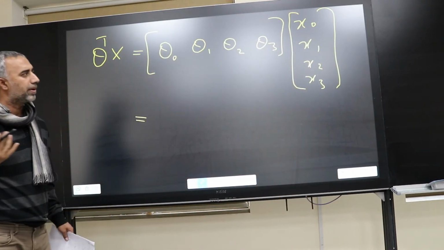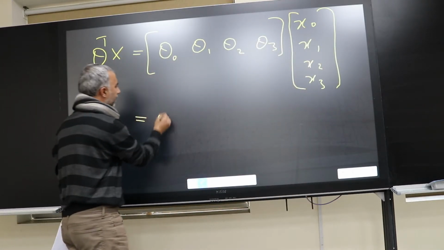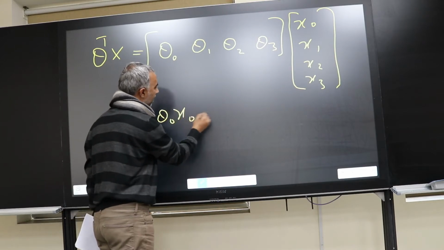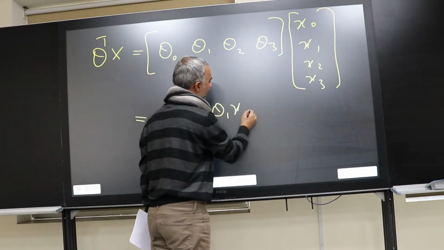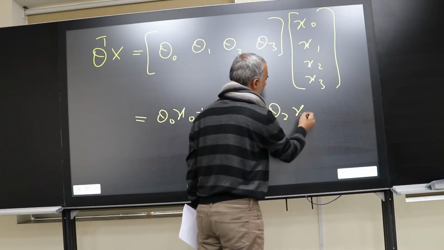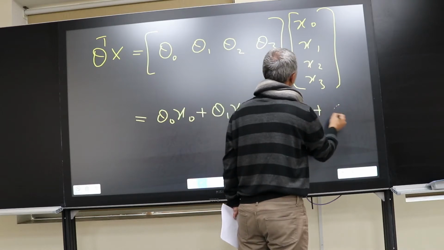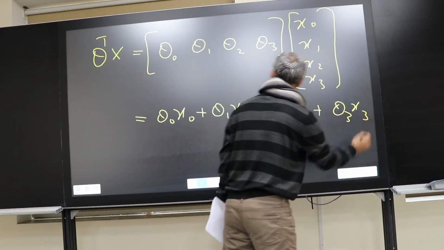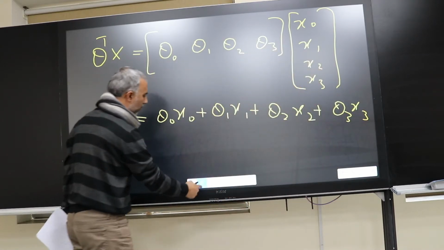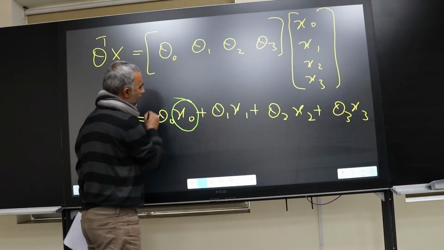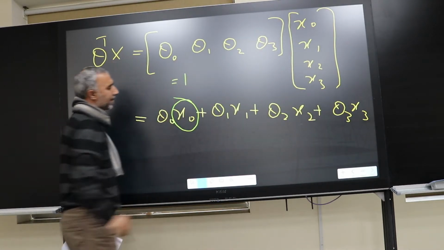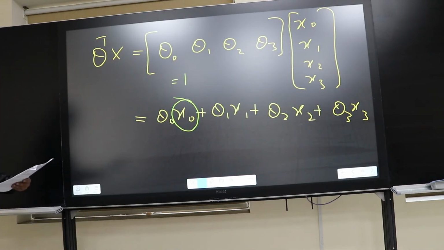In conclusion, we can write theta naught x naught plus theta 1 x1 plus theta 2 x2 plus theta 3 x3, where usually x naught is equal to 1. That is the unique thing in itself.